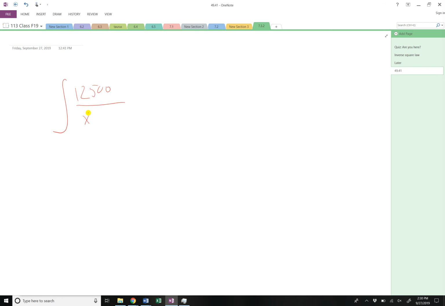And then I recognize that I need to use 5 tangent. I'm picking tangent because of the identity that connects tangent squared and secant squared: tangent squared plus 1 equals secant squared.